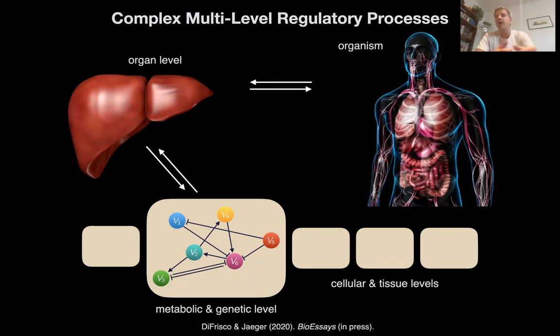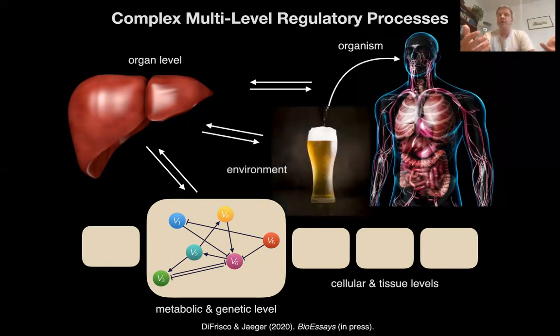We're going to spend the whole next module looking at these different levels and how they interact in more detail, but we're going to start looking at this multi-level nature of regulatory processes right now. And of course, this is all embedded in an environment. Environmental triggers can influence gene expression as well, or physiological states, as in this example: you drink the beer and you get a little dizzy and happy.